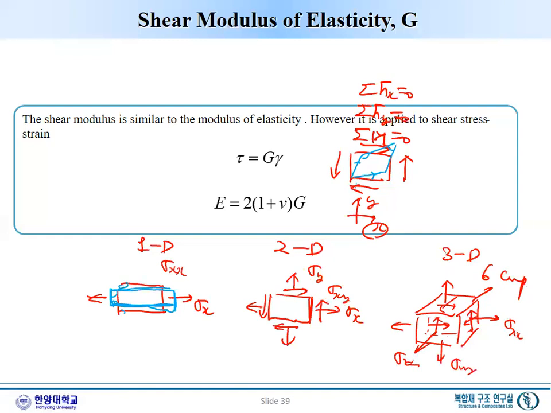Okay? 3 shear, 3 normal. That is the 6 components. These are the 3D version of the stress.